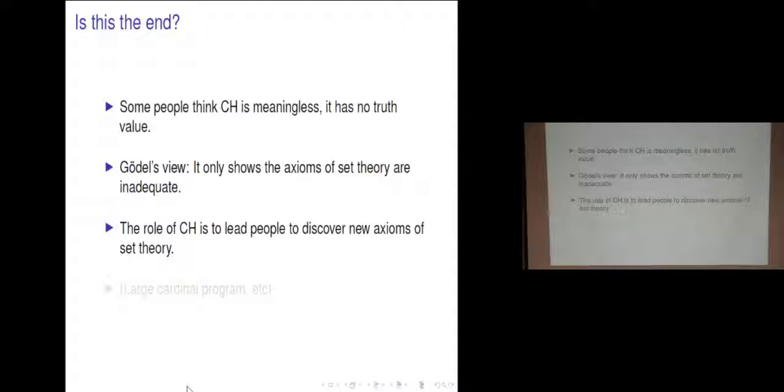The current axioms of set theory are unable to determine CH, but let's continue to work, try to find some new axioms so that when we add a new axiom to set theory, we'll solve the problem CH. This is still an active branch in set theory.